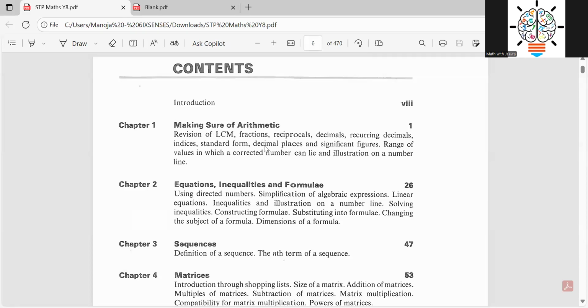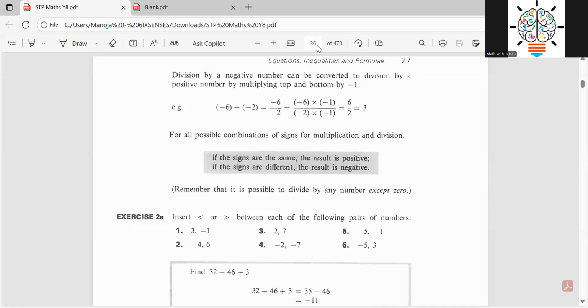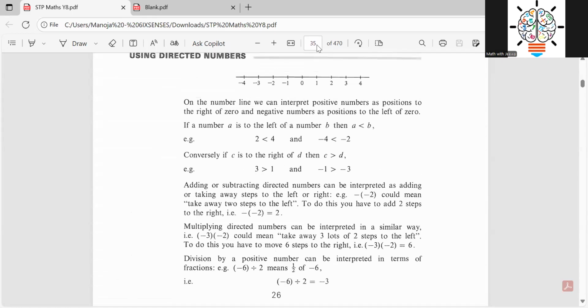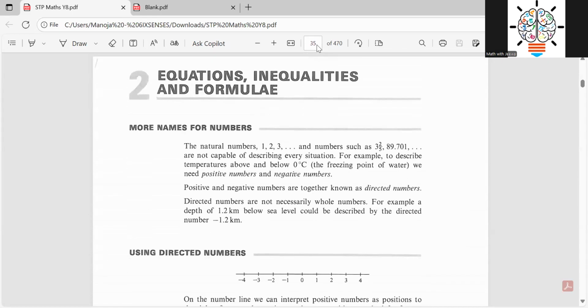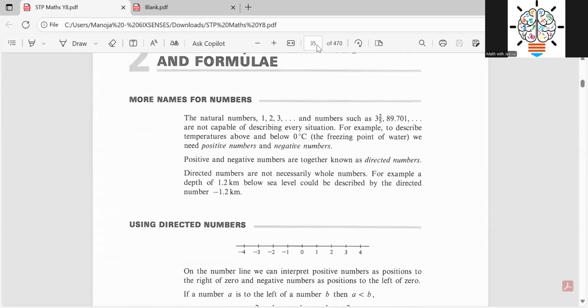So then we will move to the page here. Here we want to just revise the things we have done in grade 6. If you can remember, the directed numbers we have done in grade 6.